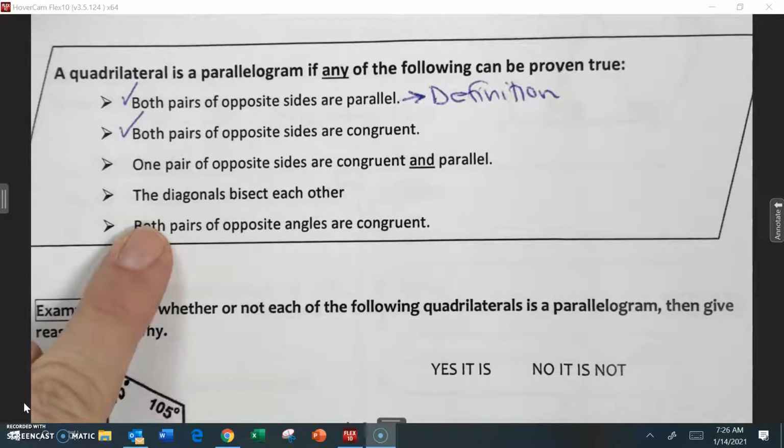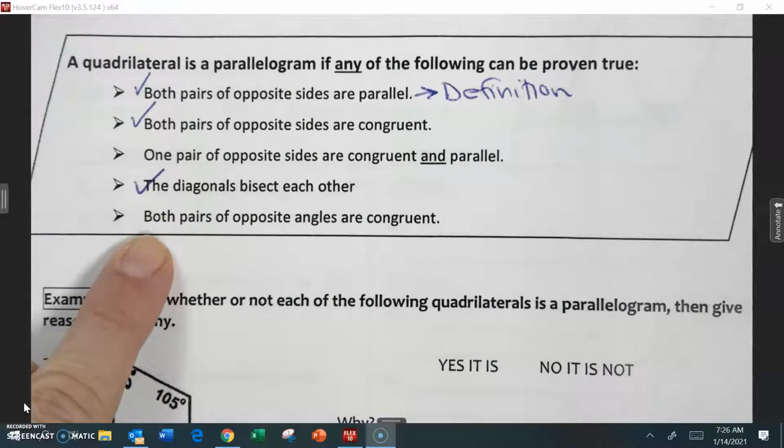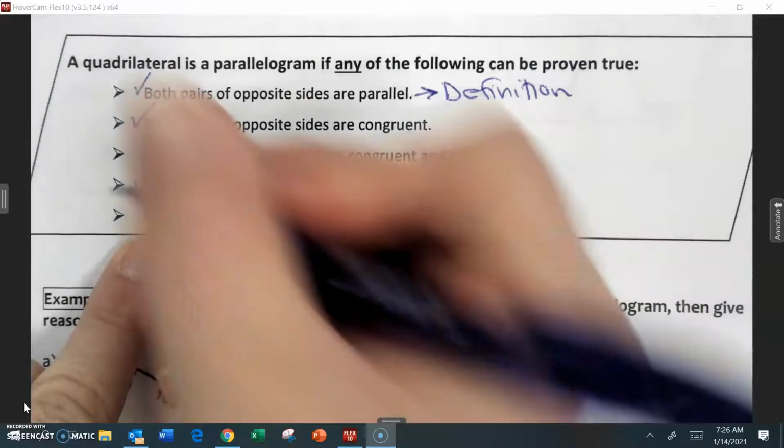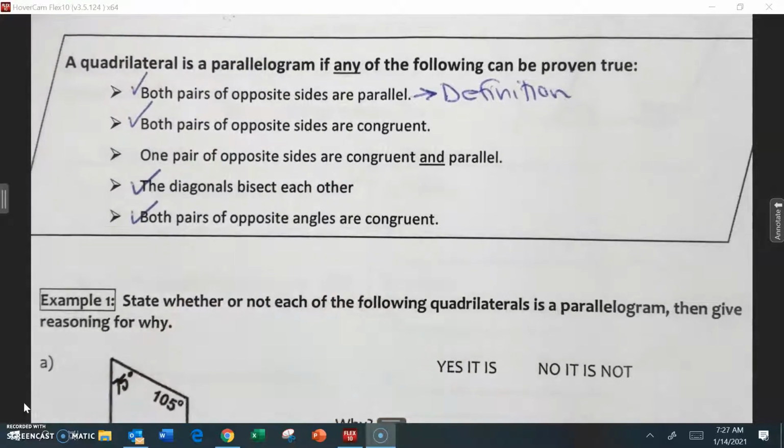The diagonals bisect each other. We've already had that one as a property, so that's review. Both pairs of opposite angles are congruent, okay? Now, which property have we talked about with parallelograms that you cannot use in a proof? That you cannot use to prove it?